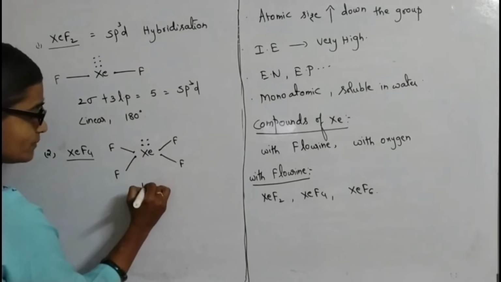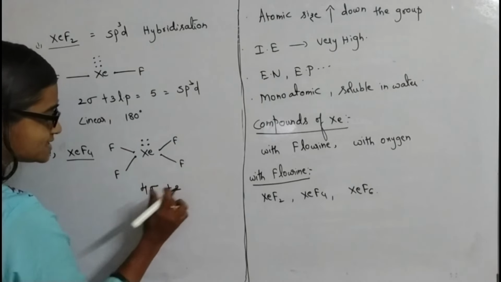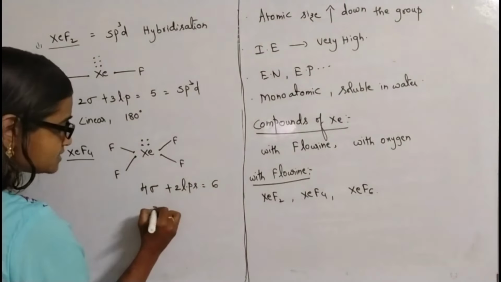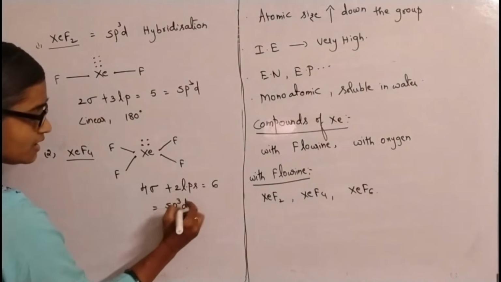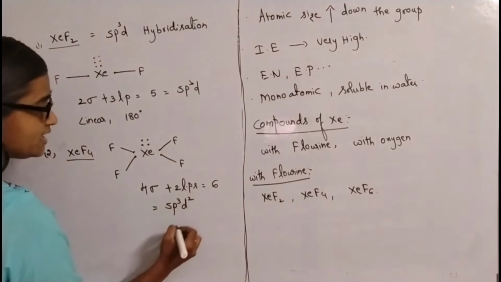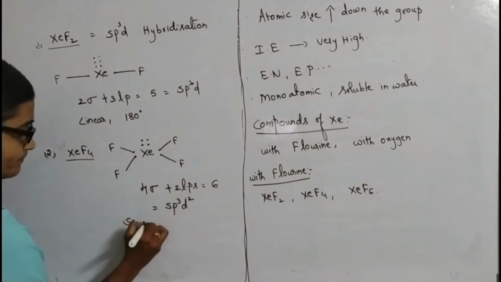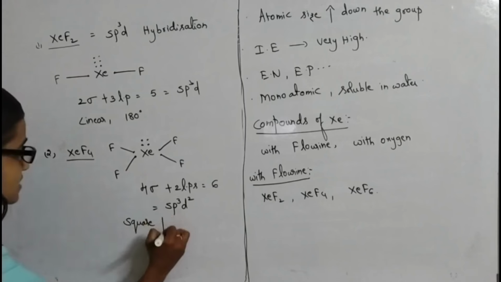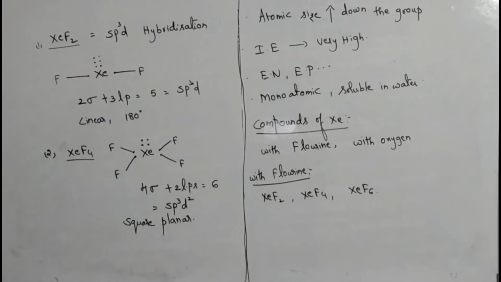That means it forms 4 sigma bonds and 2 lone pairs. 4 plus 2 is 6, so the hybridization is sp3d2: 1s, 3p and 2d. The shape of this molecule is square planar. That is XeF4.